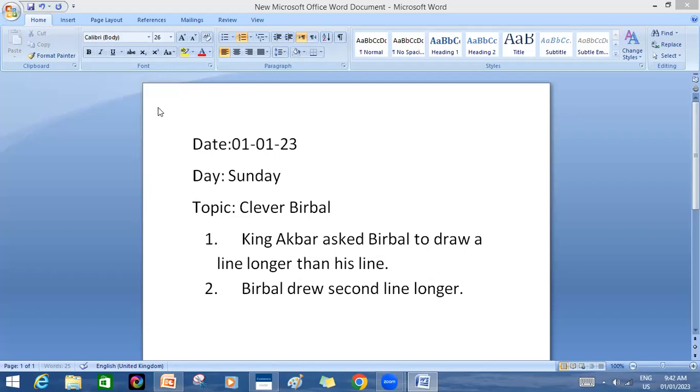Write them in your English notebook. Number 1, King Akbar asked Birbal to draw a line longer than his line. Number 2, Birbal drew a second line longer. How did he solve the problem? By drawing the second line longer than his line, by drawing the longer line than King Akbar's line.